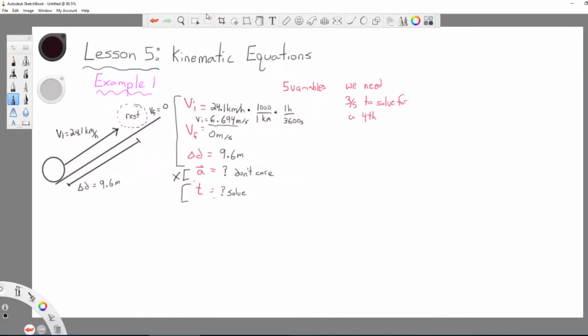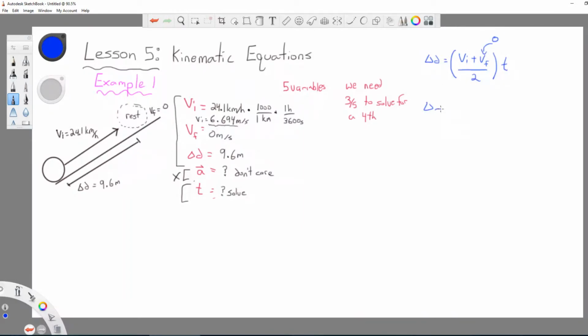If you flip through here, you will quickly find, hopefully, the formula we're looking for, and I'm going to change into a new color. It is this: delta D is equal to (VI plus VF) over 2, times T. Well, first thing we can do before we even start to rearrange this is, we know VF is equal to 0, so let's just substitute a 0 in there and get rid of that right away.